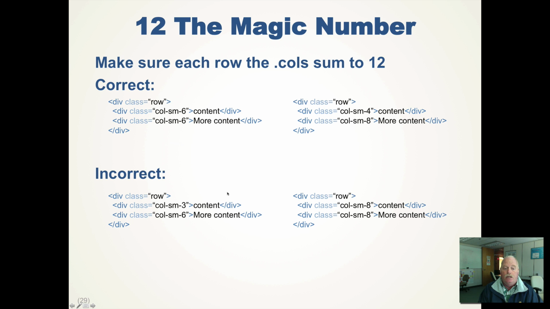Incorrect is if I don't add up to 12, it's not going to lay out correctly because I need more columns. Or if I add up to more than 12, then this second column will actually wrap. There's not enough room for it to be in this row, so it will wrap, and it will be a single column layout, even though I have 2. So you've got to make sure that you add up these columns such that they add to 12, or you'll get some very strange layout behavior.